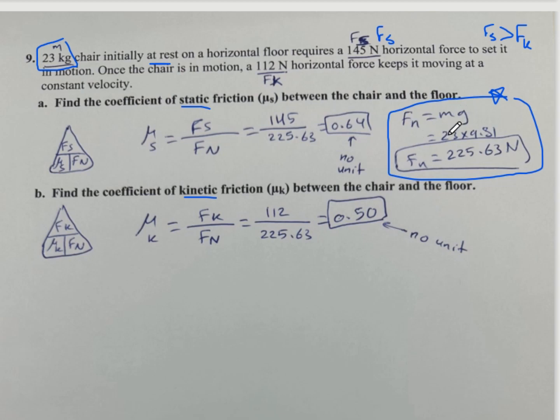You multiply the mass by the gravity, you find the number in Newton, and then you divide 145 over Fn, and for mu k, Fk over Fn, 112 over this number. But be careful in this last question, you shouldn't write any unit, because a coefficient has no unit. So 0.64 without unit, I already wrote a comment, no unit, and this one also 0.50, no units.